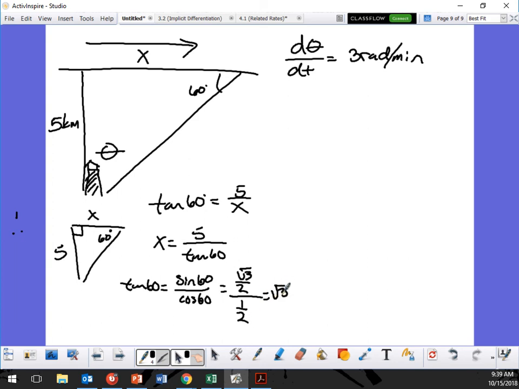So it's rad 3 over 2 times 2 over 1, which gives me just rad 3. So I know it's going to be 5 over rad 3.